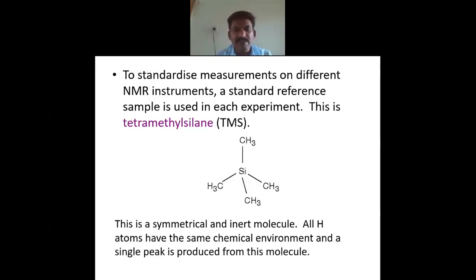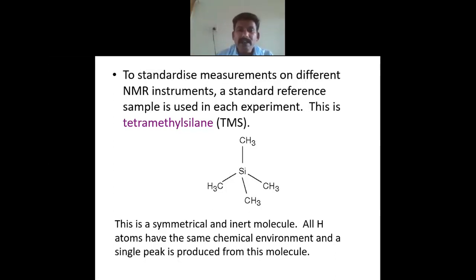A standard reference sample used in the experiment is called tetramethylsilane. It has four methyl groups, and it is a symmetrical, inert molecule. All hydrogens have the same chemical environment, meaning the same distance from silicon to each methyl group, an equivalent and equal environment.